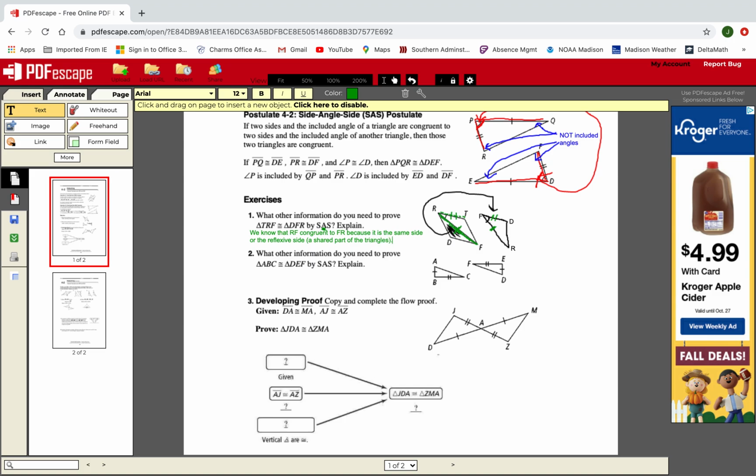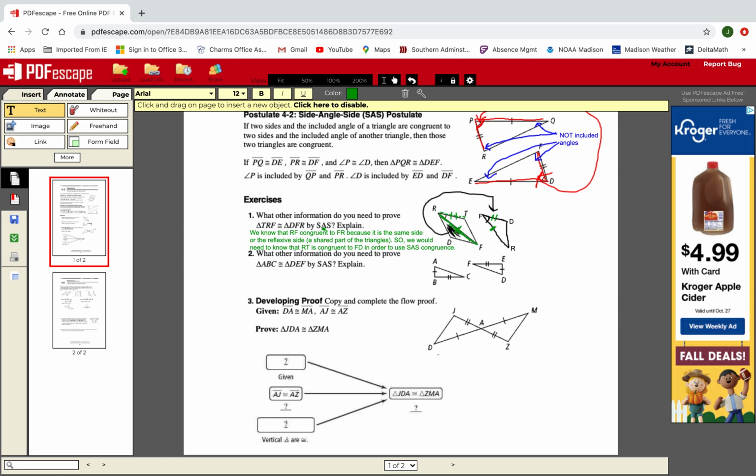Okay, so we would need to know that RT is congruent to FD in order to use side angle side, SAS congruence.